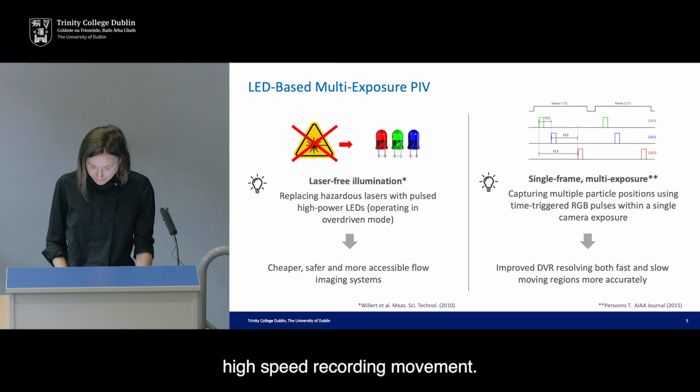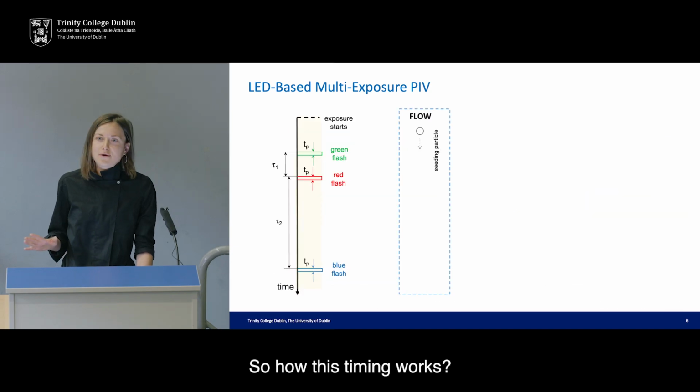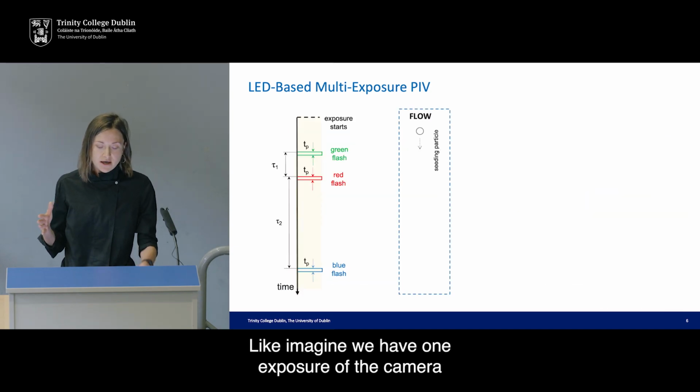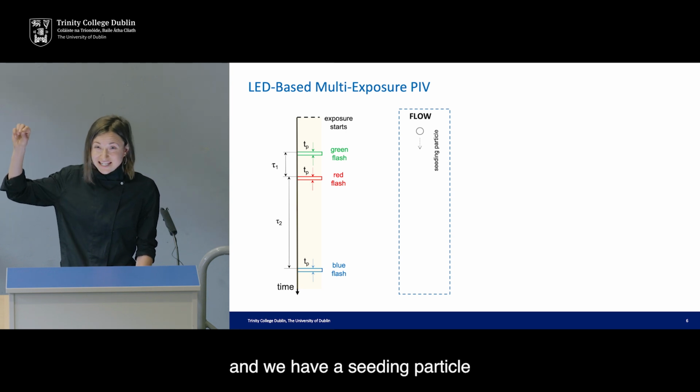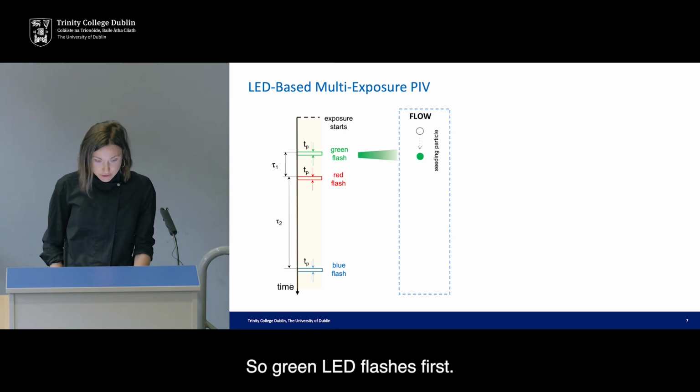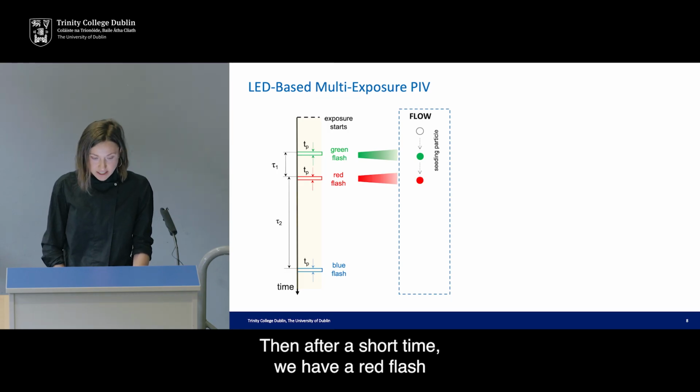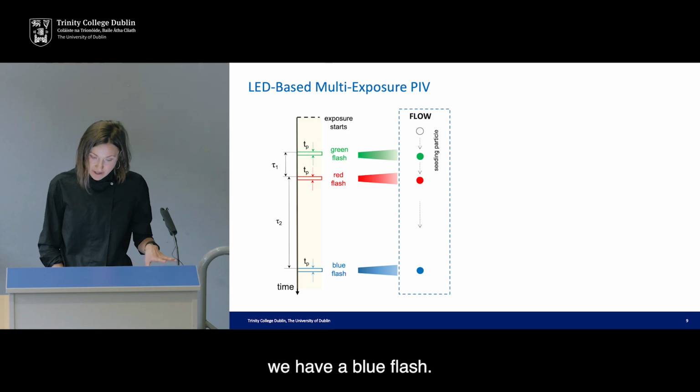So how does this timing work? Imagine we have one exposure of the camera, and we have a seeding particle that follows the flow. The green LED flashes first, then after a short time we have a red flash, and then after a bit longer time we have a blue flash.